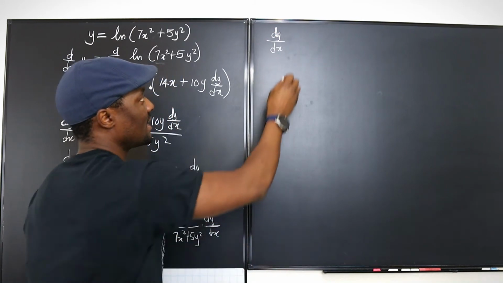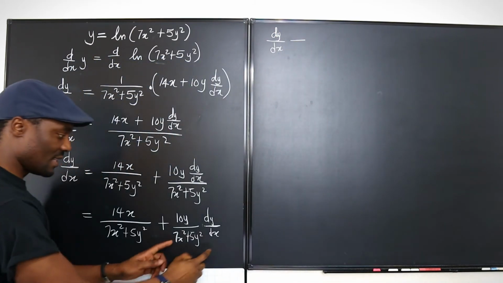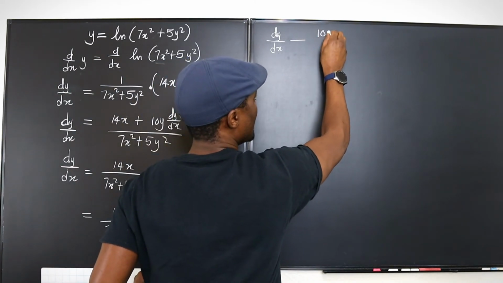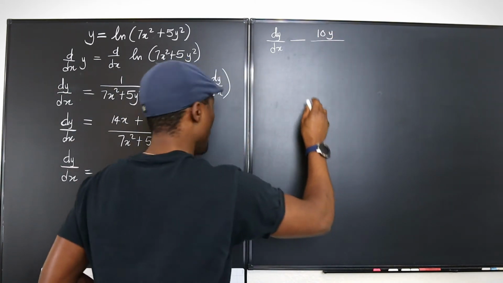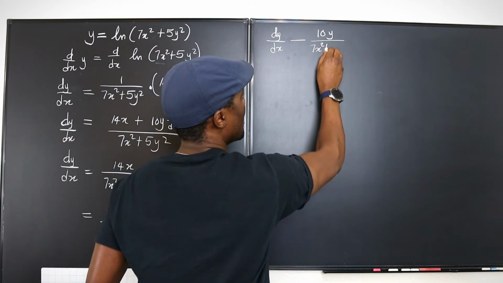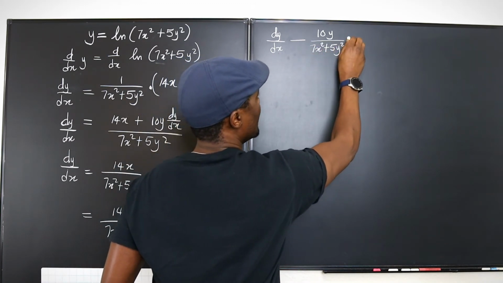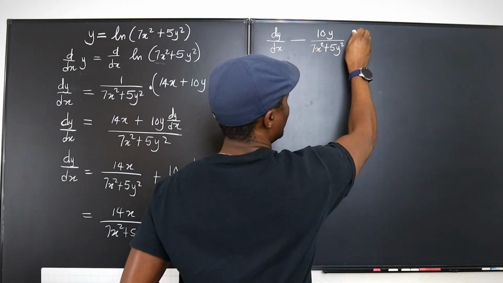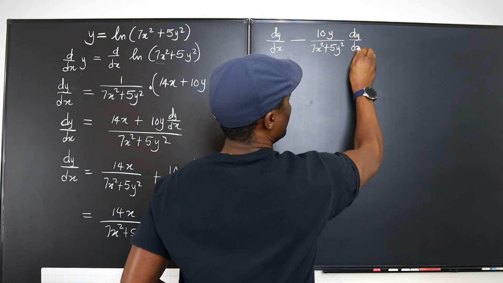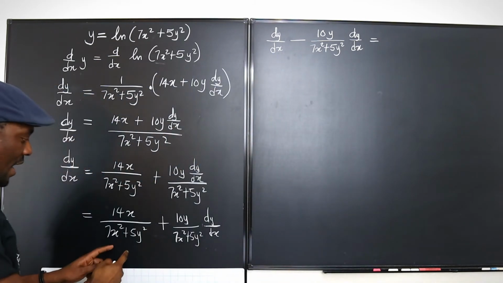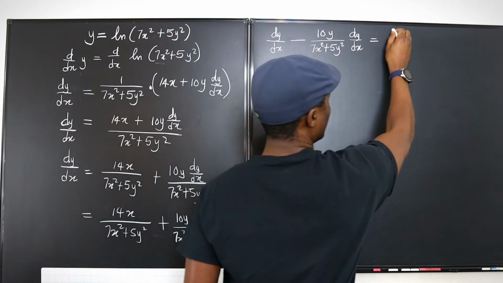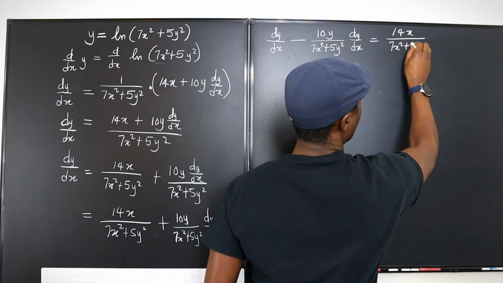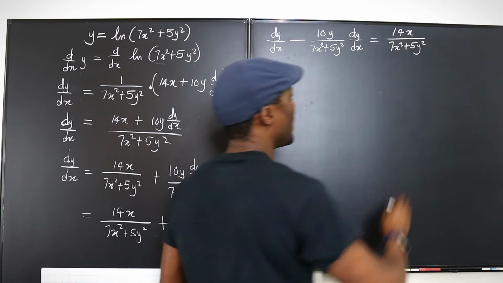Now we have dy dx. Okay, if you subtract this term, you take it to this side, you're going to have minus 10y over 7x squared plus 5y squared, and dy dx beside it will be equal to what you have here, which is 14x over 7x squared plus 5y squared.